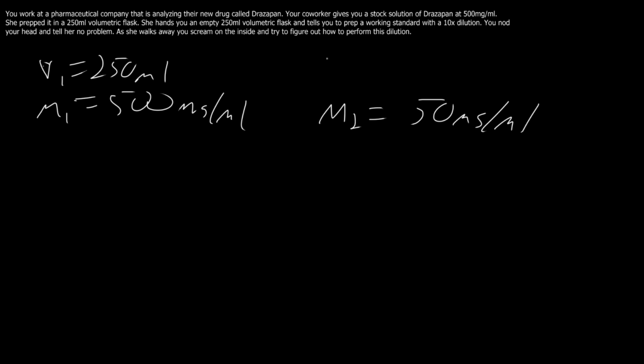So, all right. So now I know, oh, I just plug all these in, solve for V2, and then, oh, wait a minute. She gave us a flask already, a 250 mL volumetric flask. That means we have a V2 already of 250 milliliters.